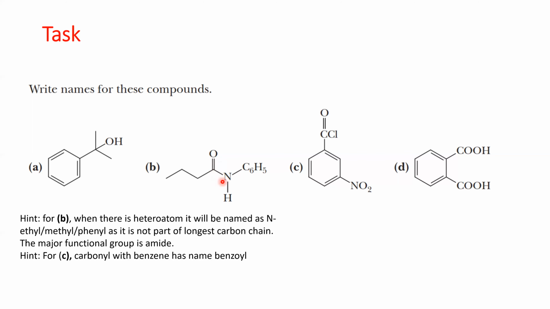It doesn't make sense to assign a number to this one, because if you just write a number, it will be assumed that this was the carbon chain. That makes sense. So here we need to mention that heteroatom as a position, instead of using a numeral number.